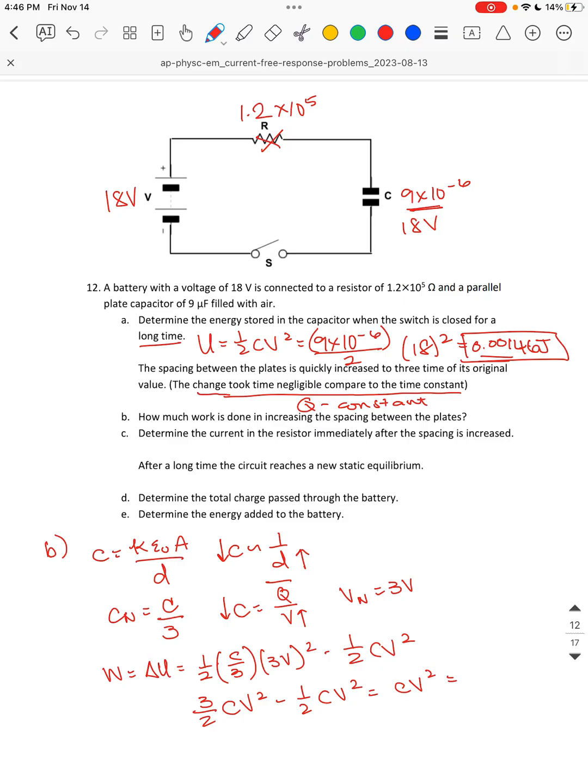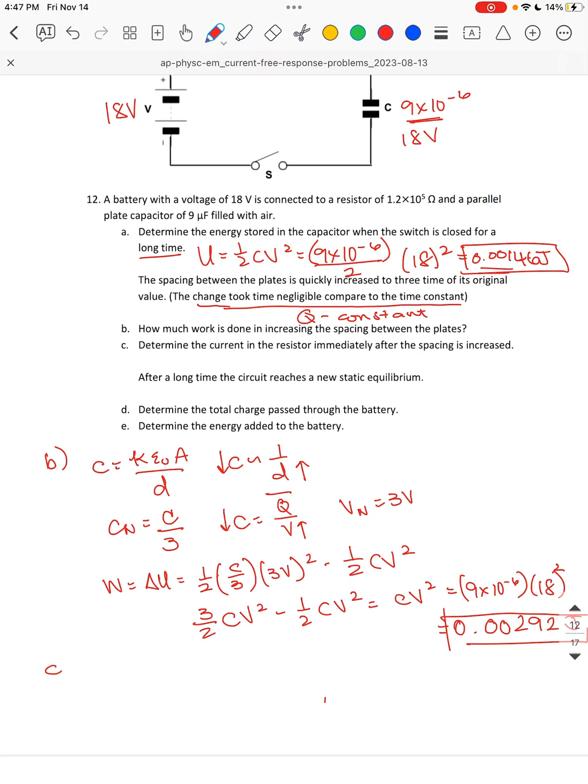So I take 9 times 10 to the negative 6, multiply that by 18 squared, and I get 0.00291, or 0.00292 is what it rounds up to. Okay, so that is how much work is done.